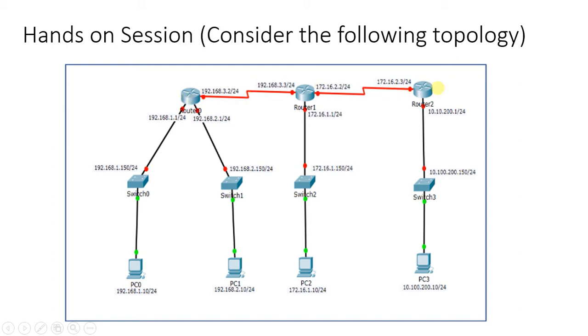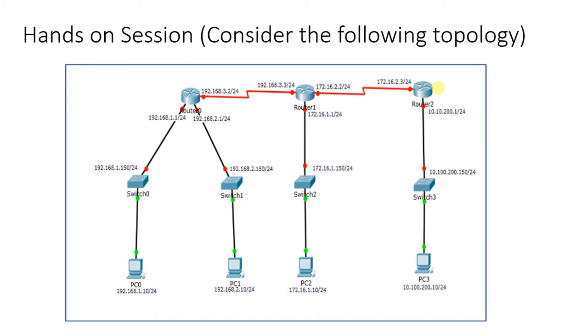Once you run this RIP algorithm on all the three routers, then automatically they will share the information related to their directly connected networks to other routers. They will automatically advertise the directly connected networks and find out the best path to reach the remote networks.